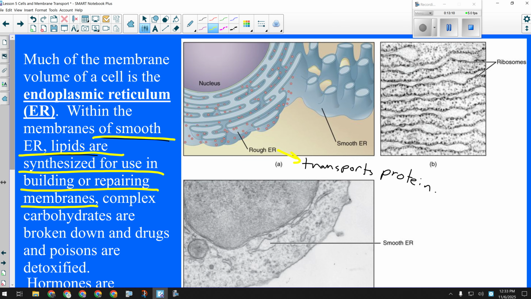The second most important job of the smooth ER is that it is kind of like the cell's liver. It's going to break down toxins and drugs and things like that that might end up in your cell. I mean, we consume things that are not good for us all the time.